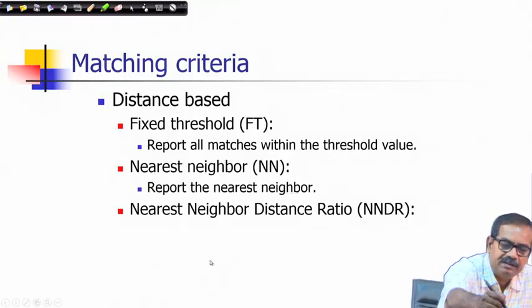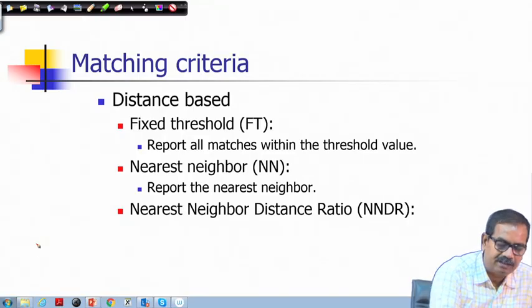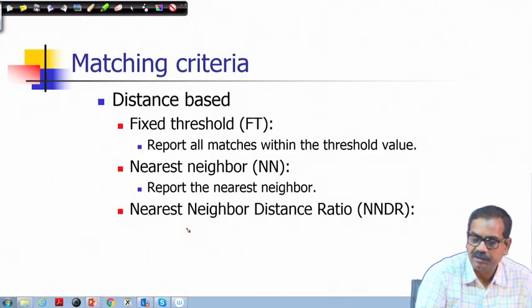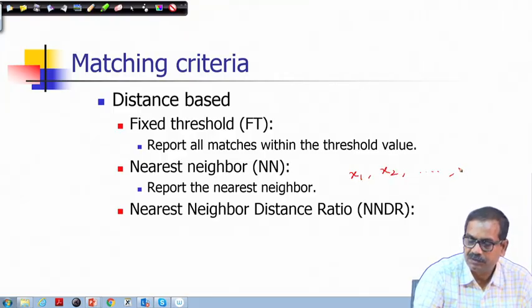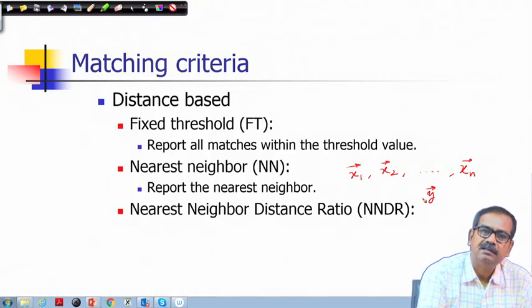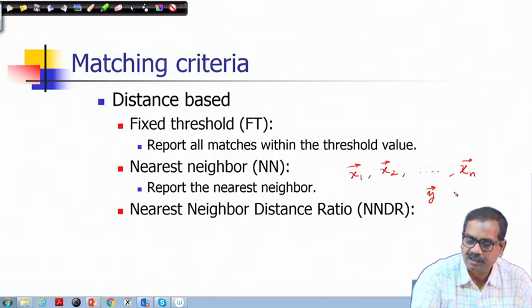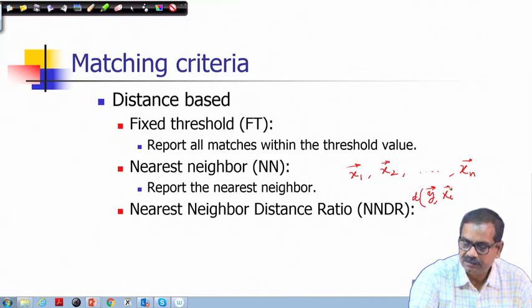So, if I say that there are feature vectors, say x 1, x 2 to x n, those are the candidate feature vectors, and you have a feature vector y in another image. What you are doing is computing the distance between y and each of these feature vectors, and finding which one is the smallest.